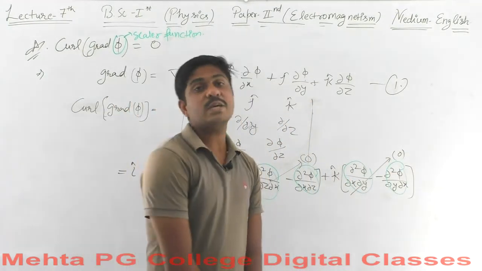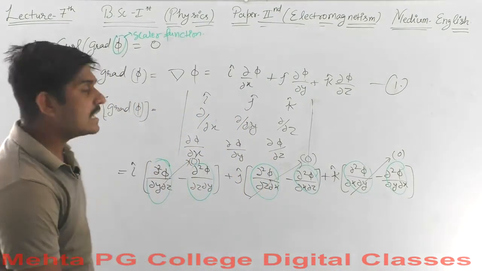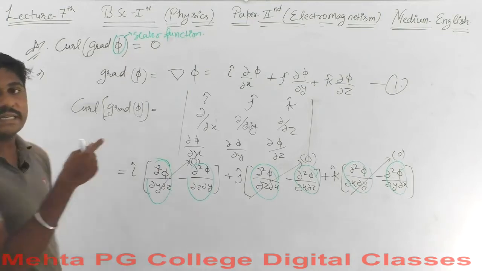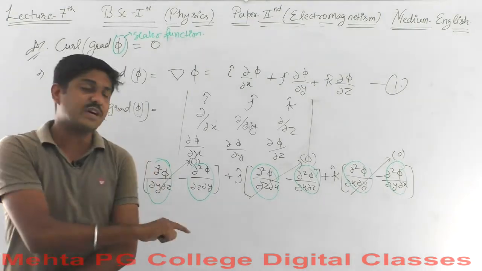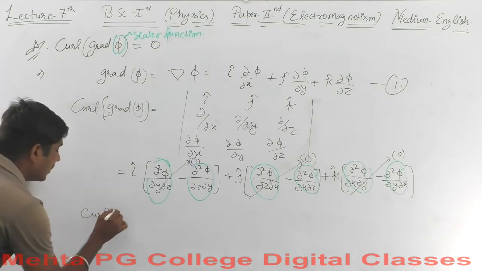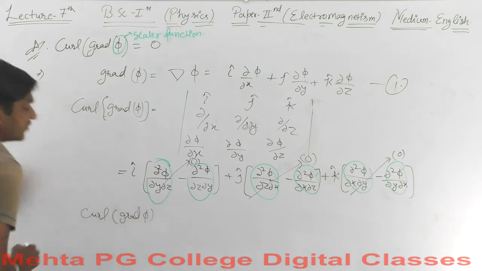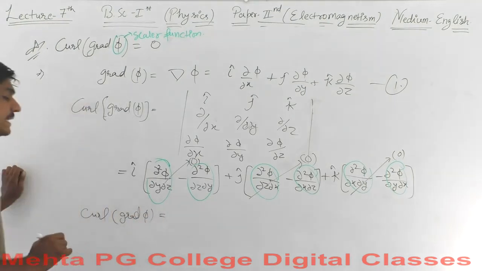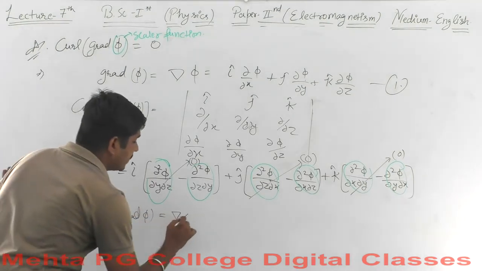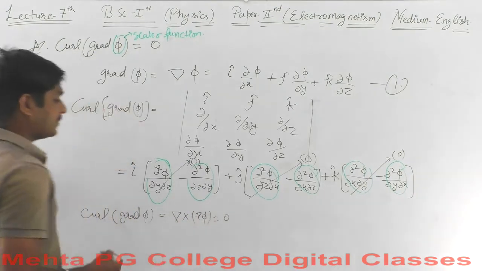Hence all the quantities approach 0, so it means that the curl of the gradient of a function will be 0. Mathematically you can write del cross del phi equals 0.